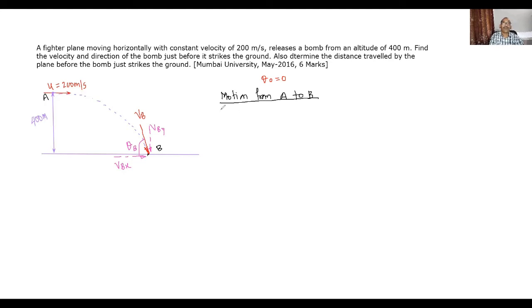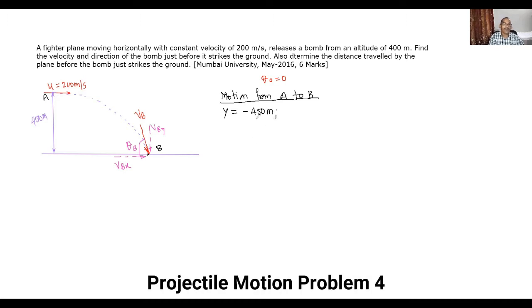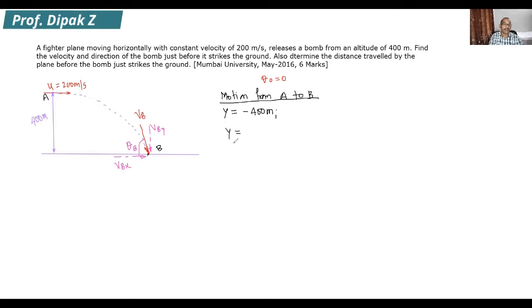Now, what is given for y? In this case, y is minus 400 meters. Why have we taken a negative sign? Because the final position B is below the initial position. Therefore, from the equation of y, we can easily find t. The equation of y, if you are recalling, is u0y t minus half g t square. u0y means the initial vertical component of velocity.